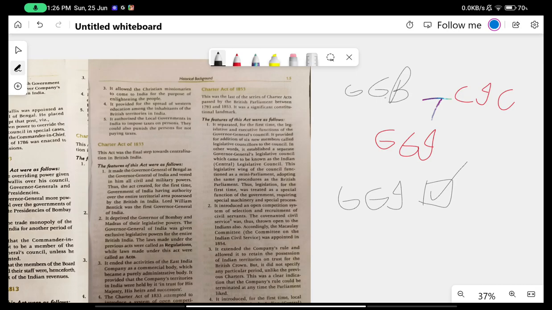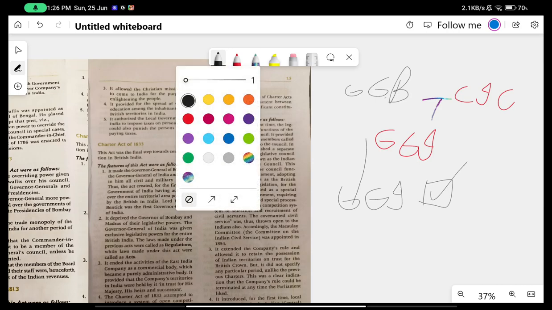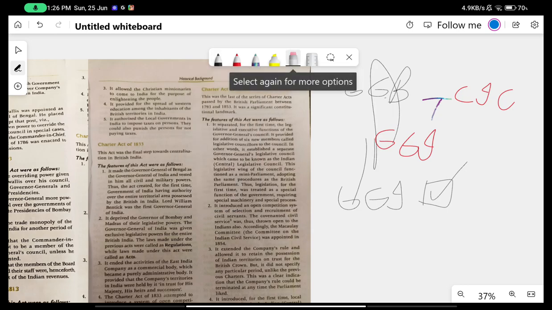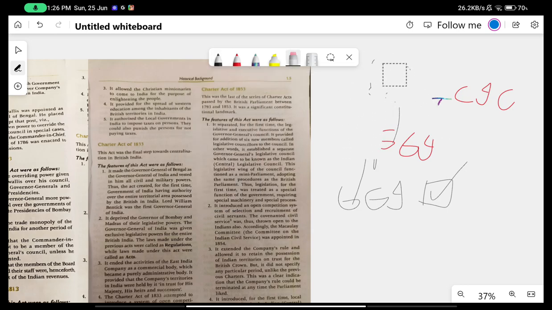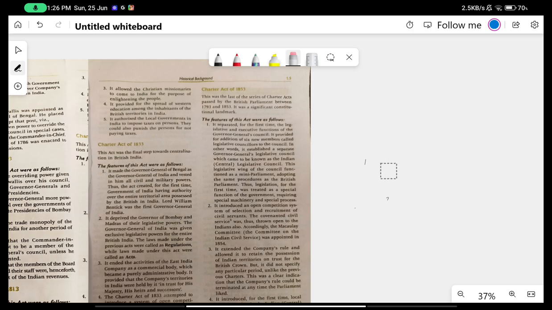Government run by Governor General of India was referred to as Government of India. This was for the first time that any reference was made to Government of India. So this was the first time that any reference was made to the Governor General of India and his council, his executive council.